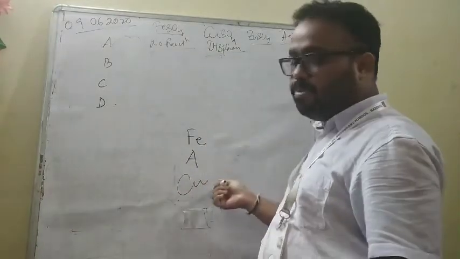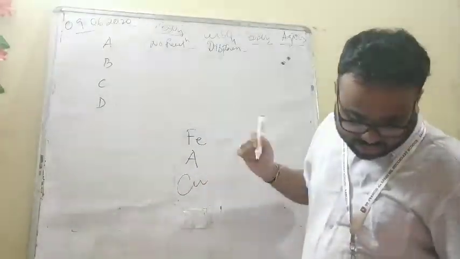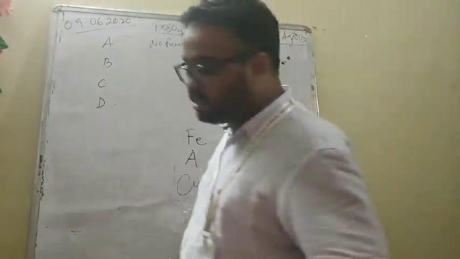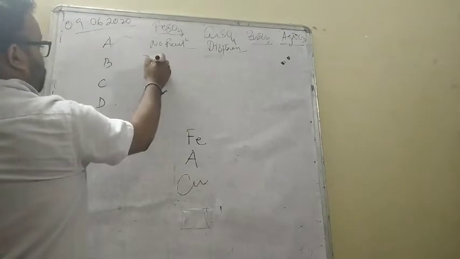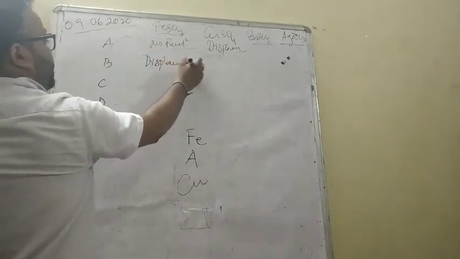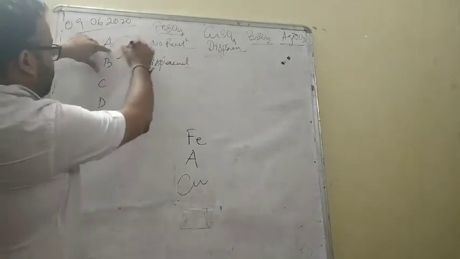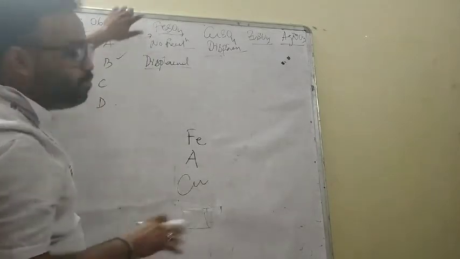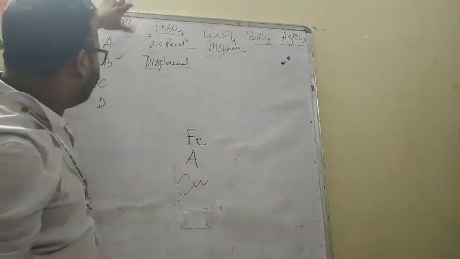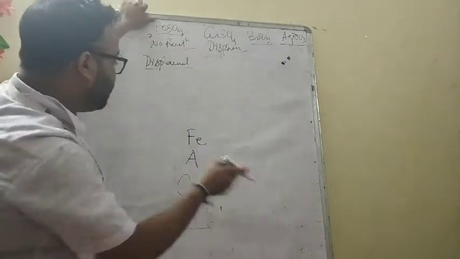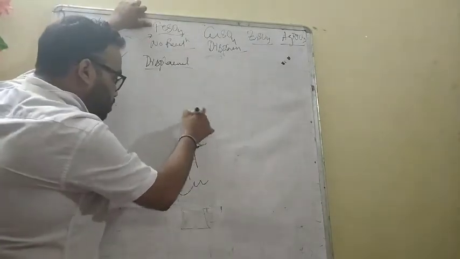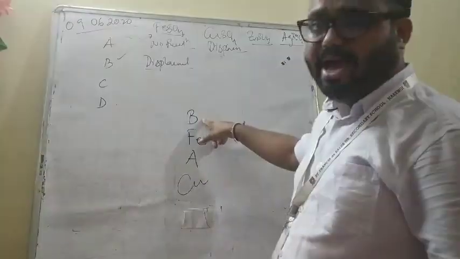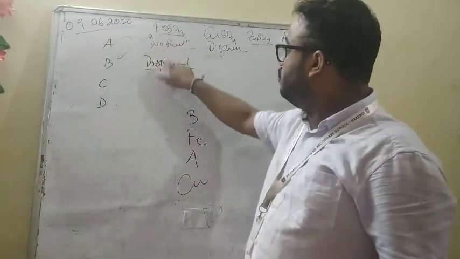Next, B shows displacement with iron, which means B is more reactive because B is replacing iron. So if B is more reactive, then B will lie above iron because B is showing the reaction with iron.